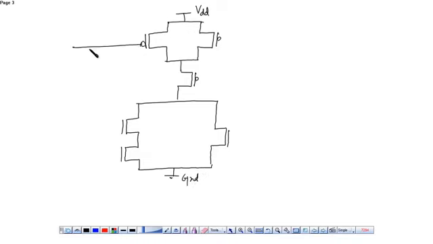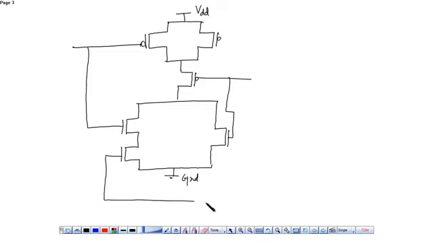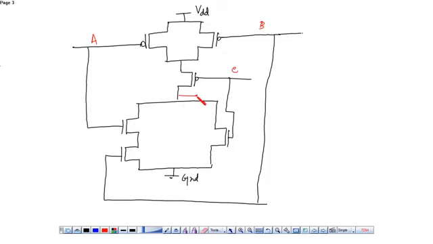So this A is connected over here. This is C, which is connected over here, and this is the B circuit. This is A, this is B, and this is C. From here you'll get the output Z.